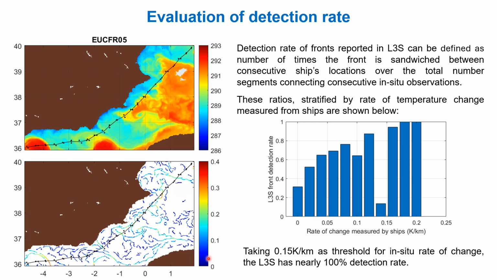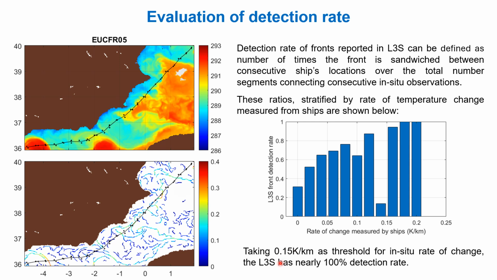They're at the smaller values, but nevertheless, they were identified as potential features separating two water masses of different temperatures. So the fact that it's nearly zero rate of change in the ships could be attributed to the fact that ship's observations are quantized, so they could be rounded to the same value, while in reality they were slightly different. And everything else falls between these two categories.